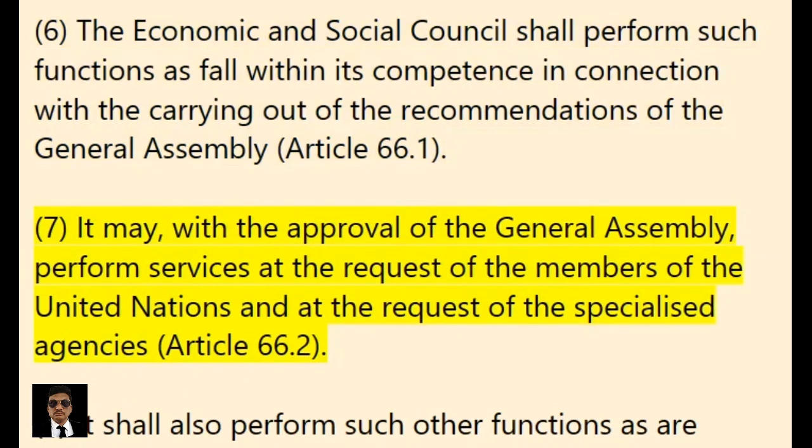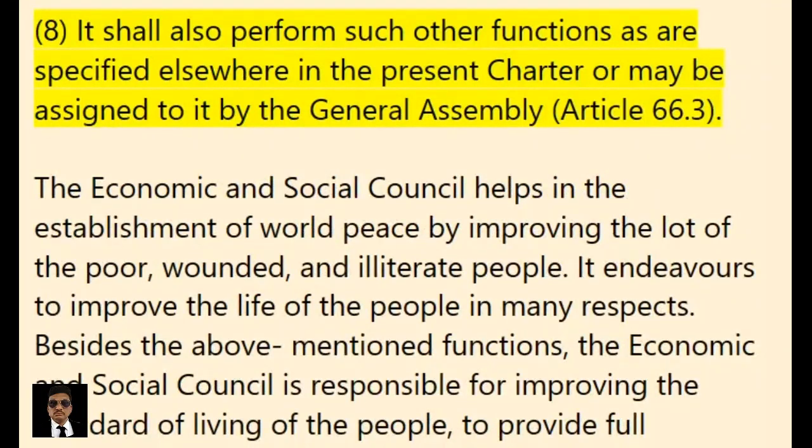It may, with the approval of the General Assembly, perform services at the request of the members of the United Nations and at the request of the specialized agencies. Article 66.2. 8. It shall also perform such other functions as are specified elsewhere in the present Charter or may be assigned to it by the General Assembly. Article 66.3.